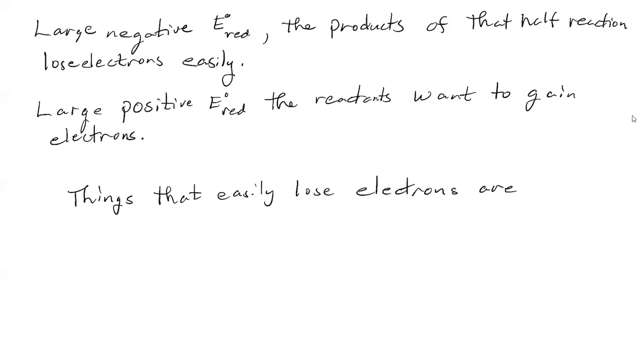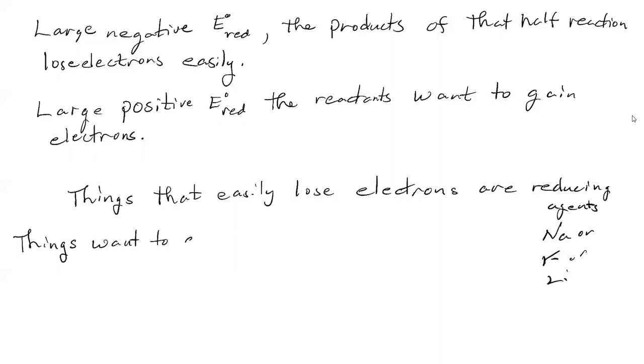So they're called reducing agents. Now these might be something like sodium or potassium or lithium, which are good reducing agents. They lose electrons easily. And things that want to gain electrons are oxidizing agents.